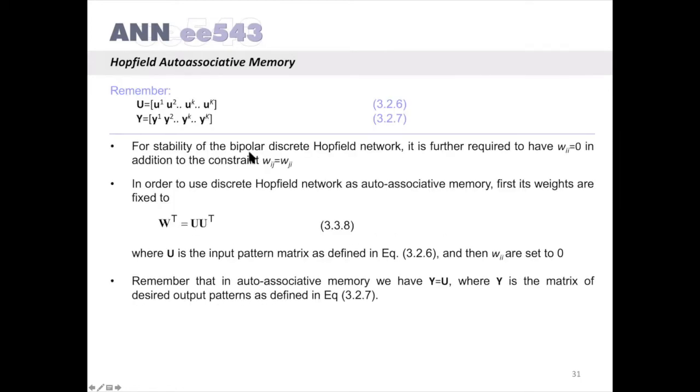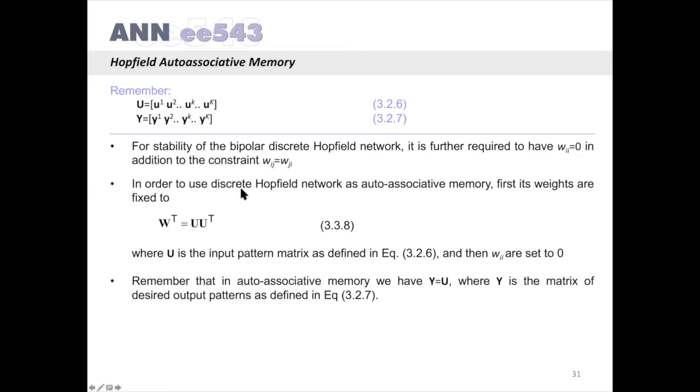For stability of the bipolar Hopfield network, it is further required to have Wii equal to 0 in addition to the constraint Wij equal to Wji. So there is no self-connection in the Hopfield network for the discrete case. In addition to symmetry in the connections, there is no self-connection in the discrete Hopfield network.